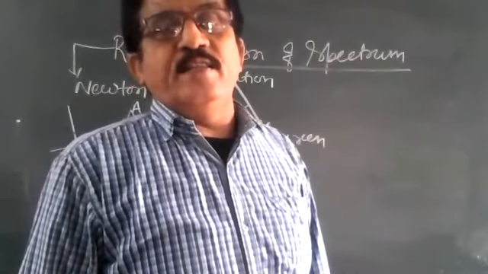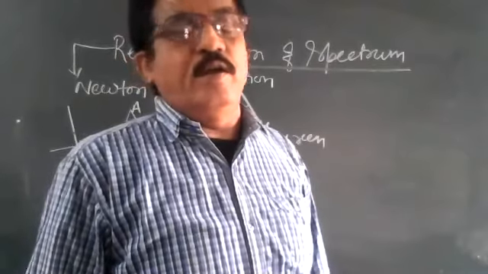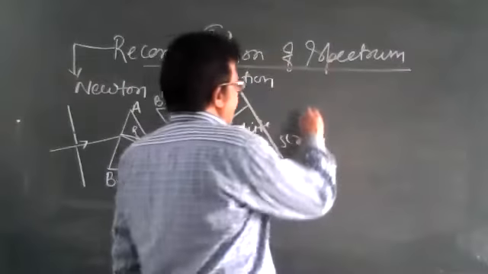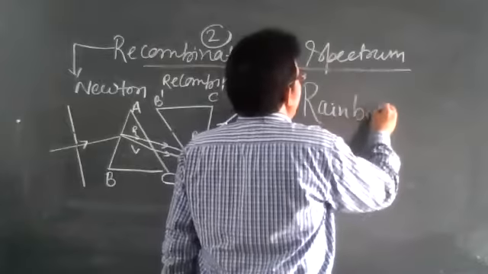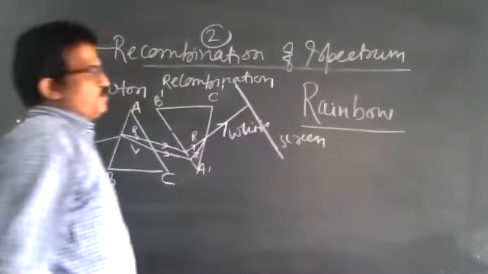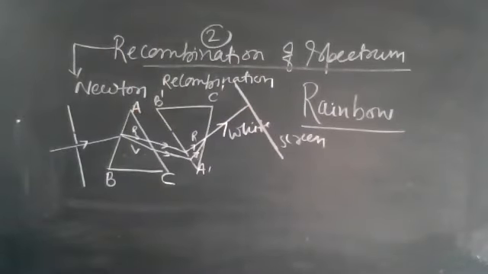So today, this is all about our module. Next, we have to see the rainbow. Write down, rainbow is an example of dispersion of sunlight.